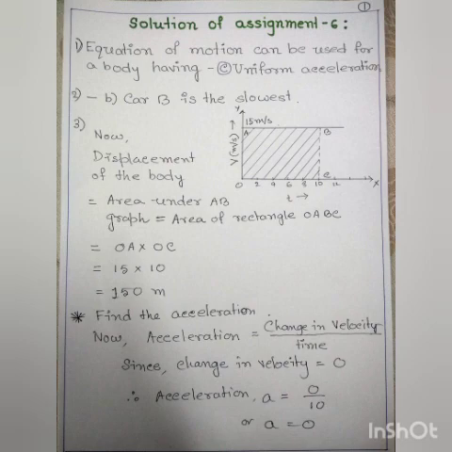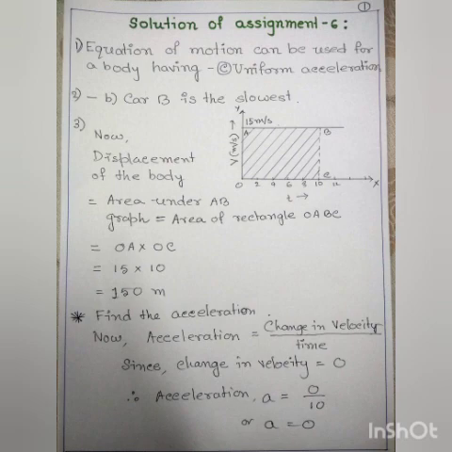Clear? Now see, I want to discuss one more problem related to this same graph. If from the same graph I asked you to find out the acceleration, what will be the acceleration? Now see, we know acceleration is change in velocity by time.